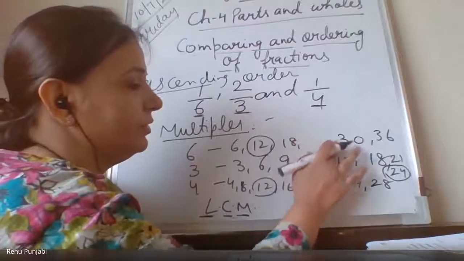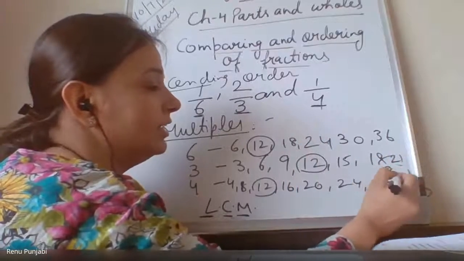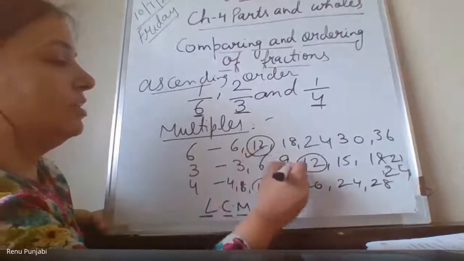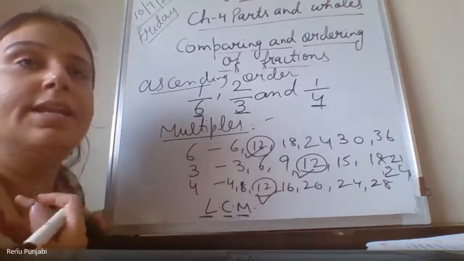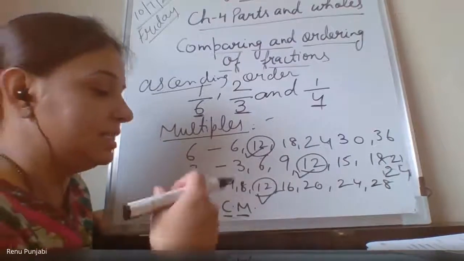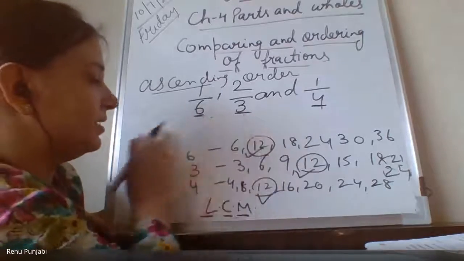So the 12 is the least common multiple which is in all the three. You can see here also, in this also, in this also. So after getting the least common multiple, this is what you will do next. I'm going to erase this.